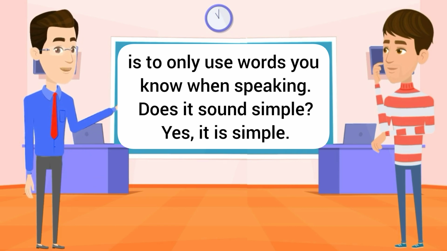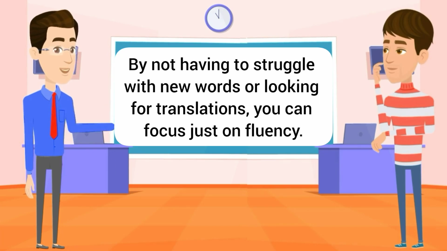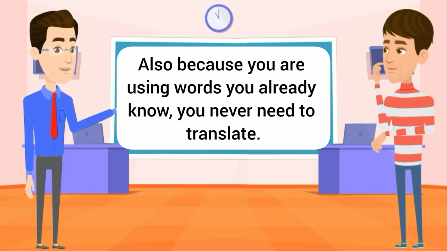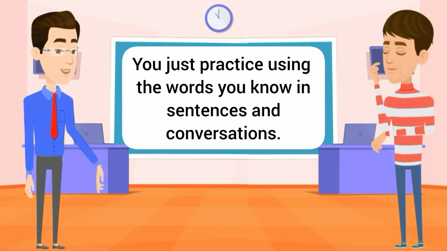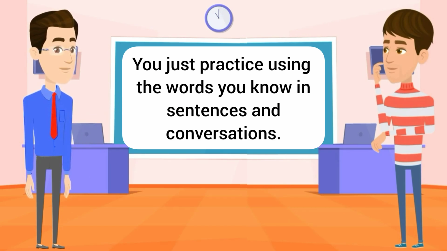Does it sound simple? Yes, it is simple. By not having to struggle with new words or looking for translations, you can focus just on fluency. Also, because you are using words you already know, you never need to translate. You just practice using the words you know in sentences and conversations.